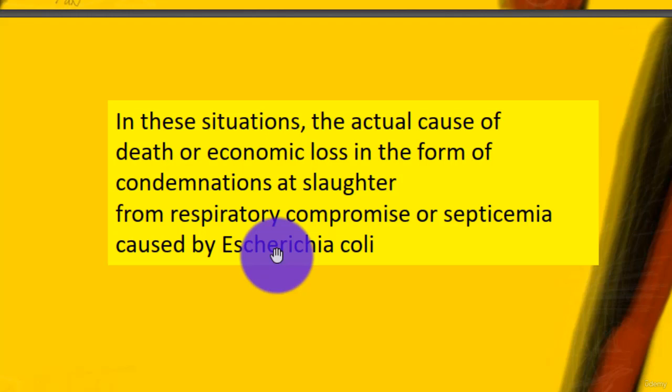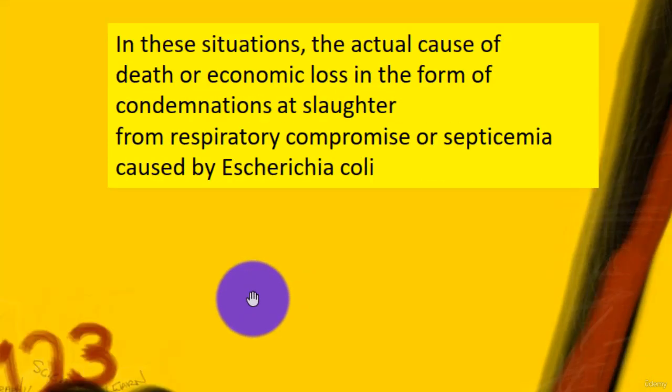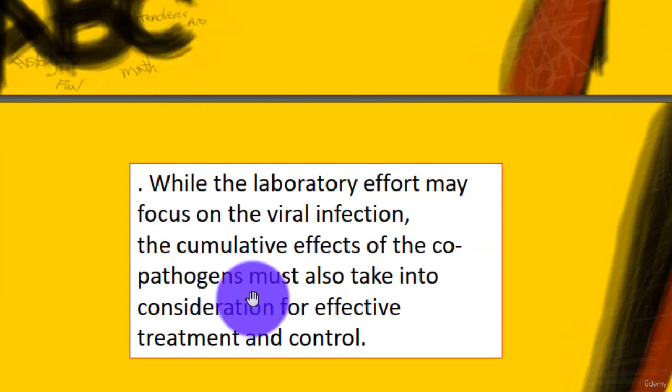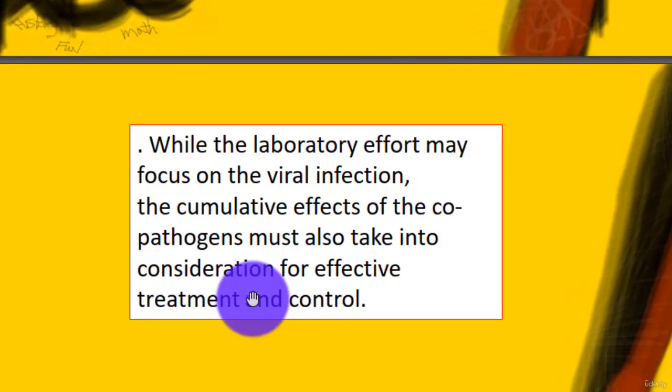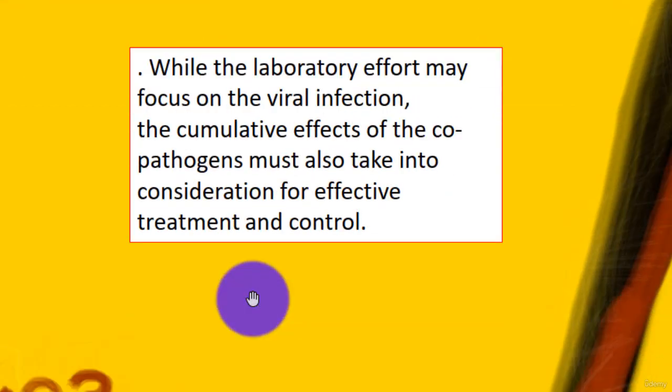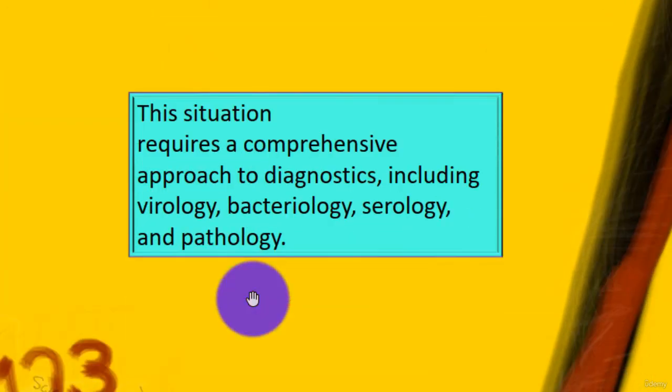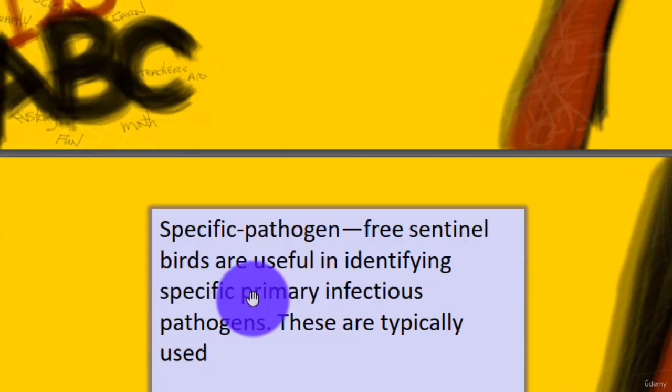In this situation, the actual cause of death or economic loss, in the form of condemnation at slaughter, may be respiratory compromise or septicemia caused by Escherichia coli. While the laboratory effort may focus on the viral infection, the cumulative effect of the co-pathogens must also be taken into consideration for effective treatment and control. This situation requires a comprehensive diagnostic approach including virology, bacteriology, serology, and pathology.